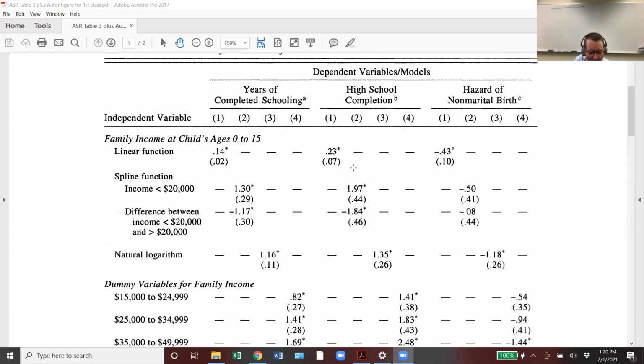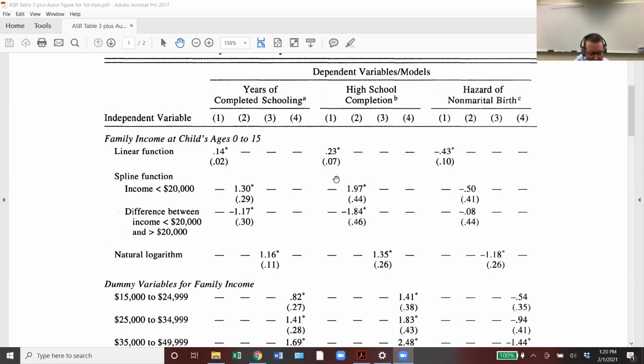We got this coefficient of 0.23. And we'll talk about what the 0.23 means. But notice first that all the things that you can do with linear regression over here in the first 4 columns, you can do with logistic regression.